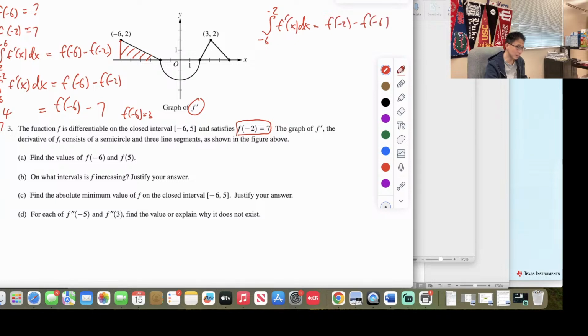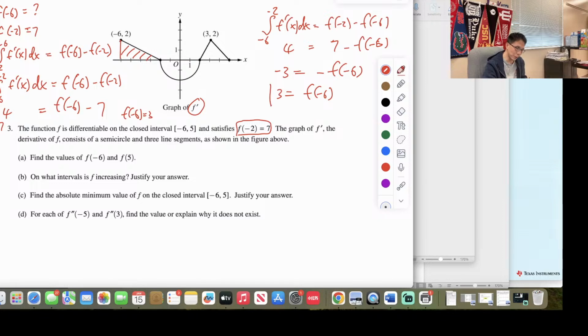Does that make sense? And now you see that f of -2 is 7, and this one is just going to be 4, minus f of -6. And that would give you a -3 equal to negative f of -6, and 3 is equal to f of -6.